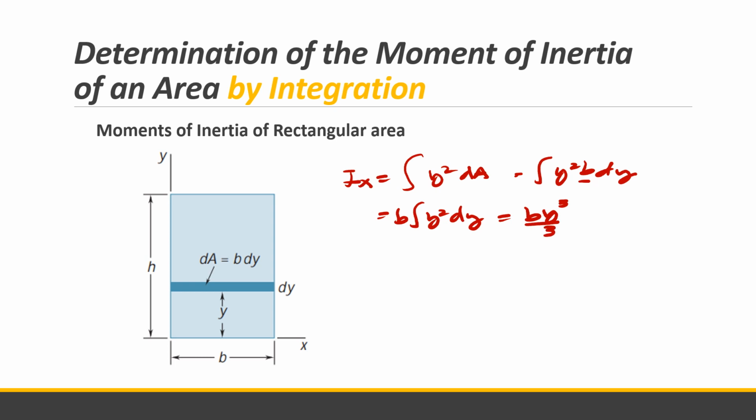So this is evaluated from 0 to h. So the maximum ng y is yung h natin. So the moment of inertia with respect to x is equals to b h cubed over 3.